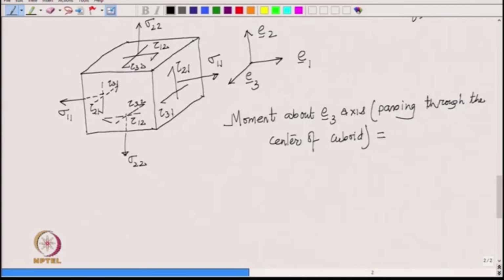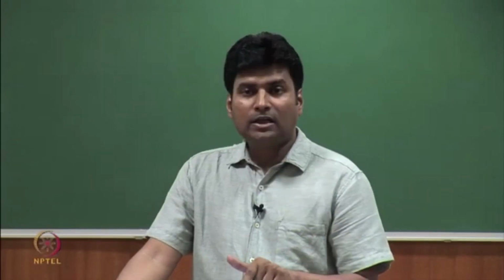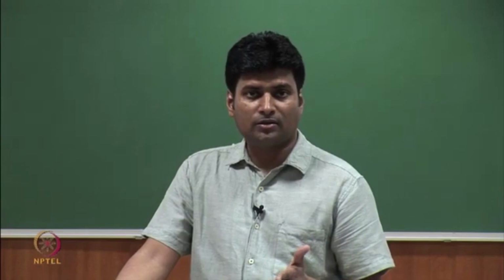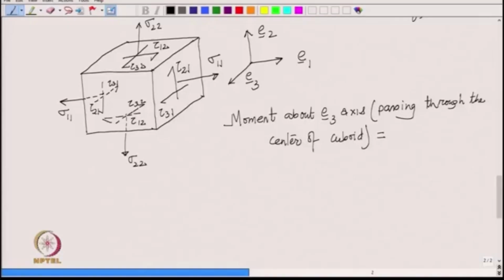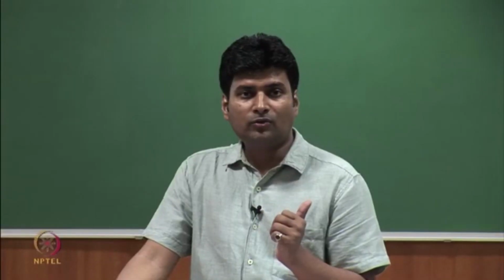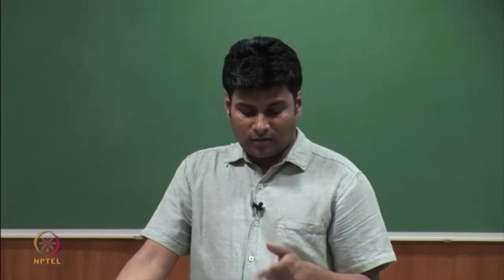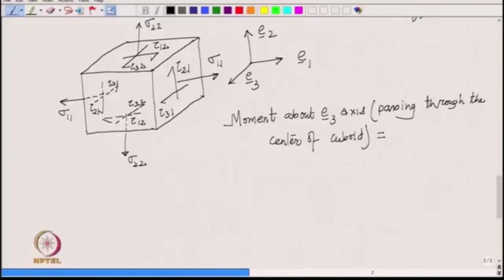You see sigma 1 1, sigma 2 2, they are all passing through the centroid, so they do not contribute any moment about the E3 axis. Tau 3 1, tau 3 2, also will not contribute to moment about the E3 axis because they are acting in the E3 direction. But tau 1 2 and tau 2 1 are going to contribute to moment about the E3 direction.